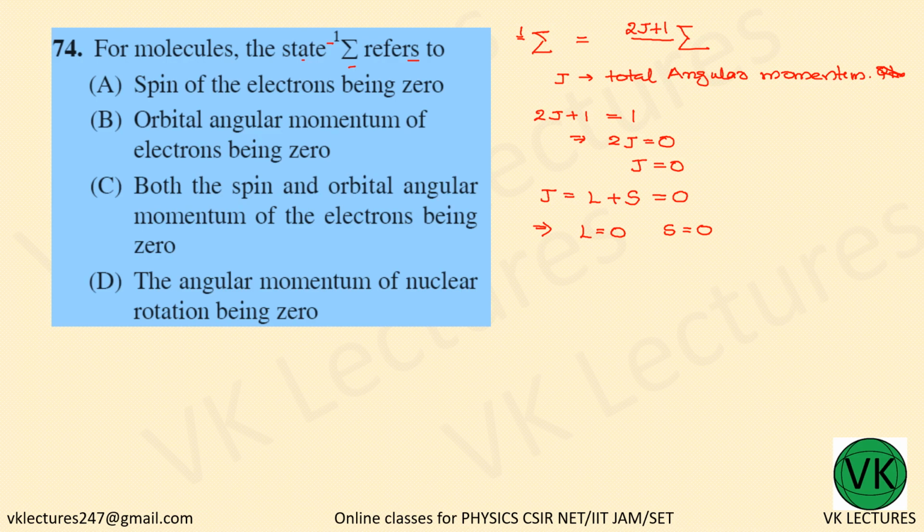L equal to 0 is orbital angular momentum, orbital angular momentum is 0 and S equal to 0 means spin angular momentum equal to 0. So both orbital angular momentum and spin angular momentum are separately equal to 0. So the option is C, that is both spin and orbital angular momentum of the electrons are 0.